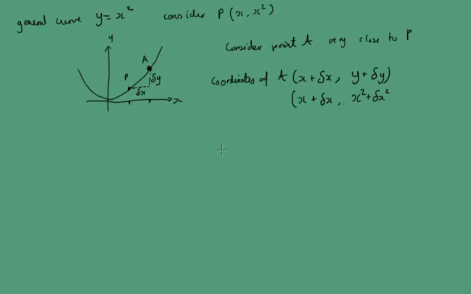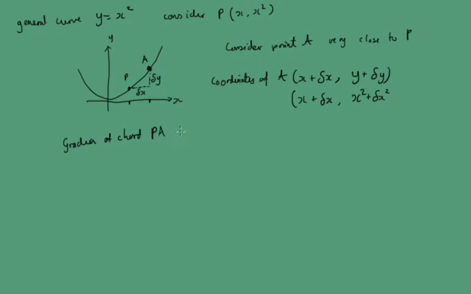Now if we think of the gradient of a chord PA, a line here PA, P and A are so close together that the curvature of x squared doesn't make any difference. So the chord would be a straight line.